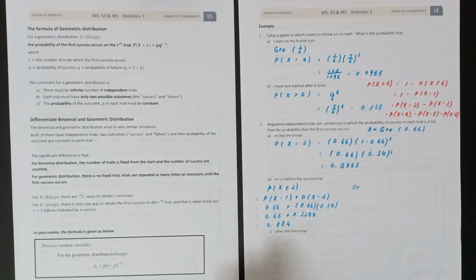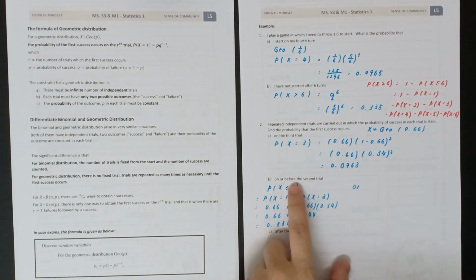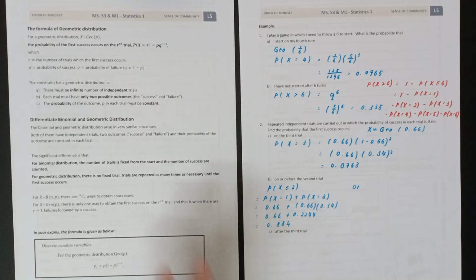Yes. What is the probability for the first success to occur on or before the second trial? Meaning, what is the condition that doesn't happen here? It's like after the second trial, I didn't succeed. You get the idea? On or before the second trial means that the first success happened at the first time or the first success happened at the second time.